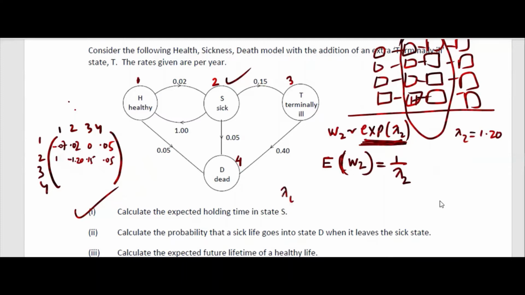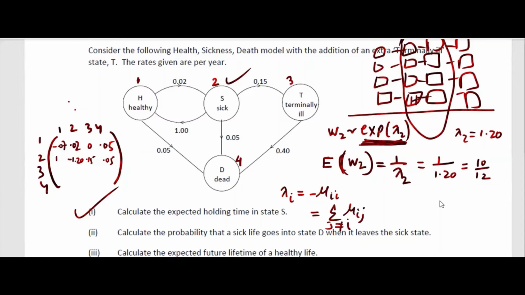What is lambda i? Remember, we used one formula: minus mu ii, summation j not equal to i of mu ij. So lambda 2 is 1.20. That means 1 upon 1.20, that is 100 by 120, 10 divided by 12. Whatever it is, almost you can say around 1, right?